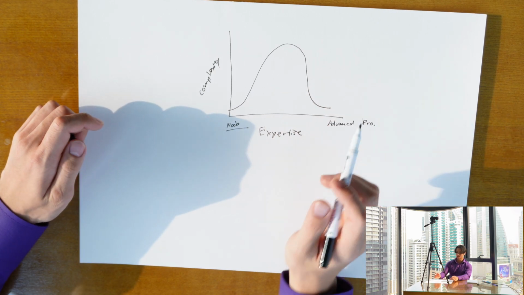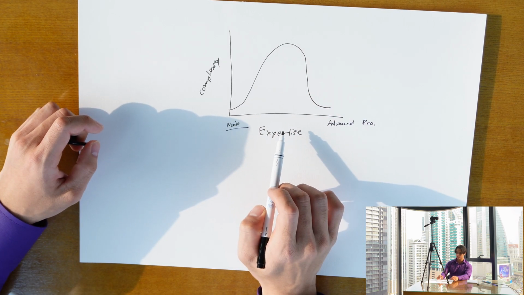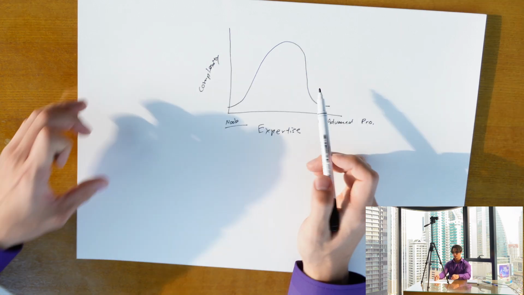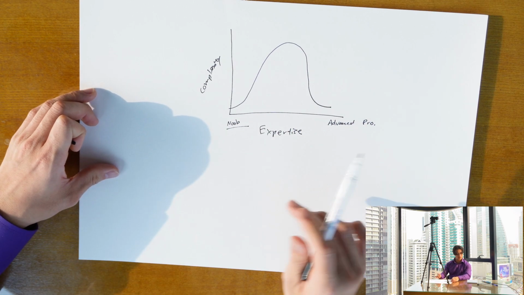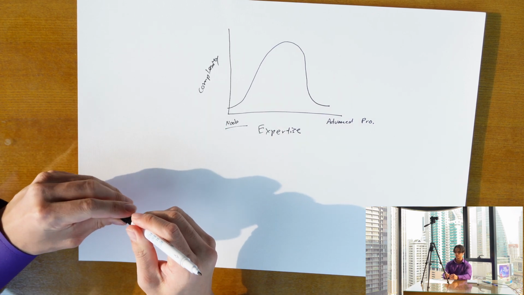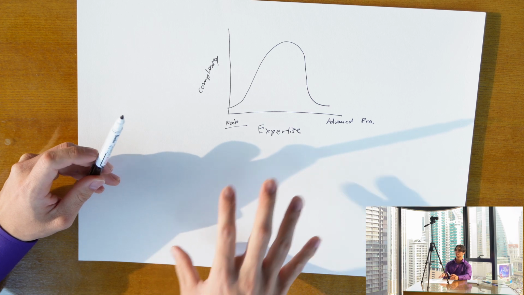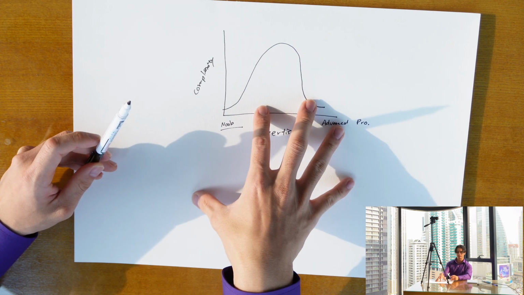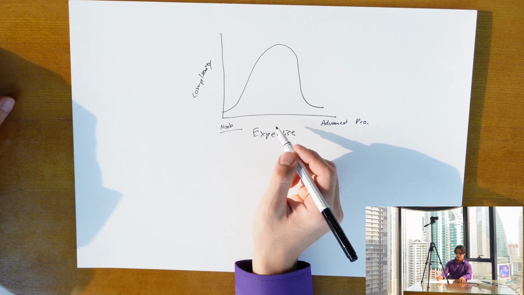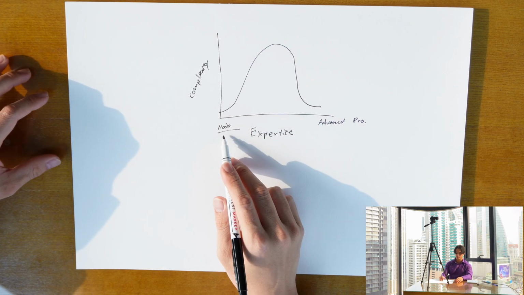But then what's interesting is as the person becomes more advanced in a certain field, the complexity actually tends to drop, right? I'll use a couple of analogies to explain how this applies to the trading and investment field as well.